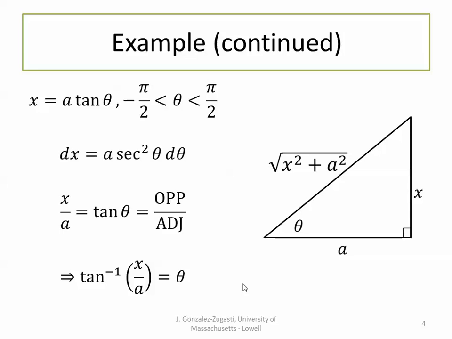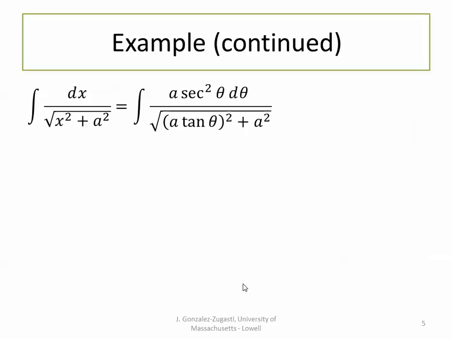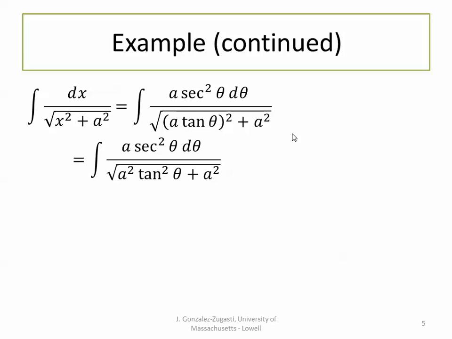Alright, so now that we have this set up, let's evaluate our integral. Here's our integral. We go ahead and make the substitutions we talked about. We said dx was going to be equal to a secant squared theta d theta, and we were letting x be equal to a tangent theta. Just simplifying this a bit, changing this term here to a squared tangent squared theta.